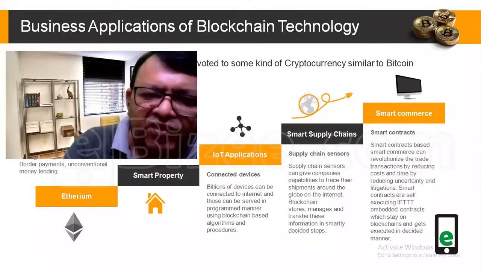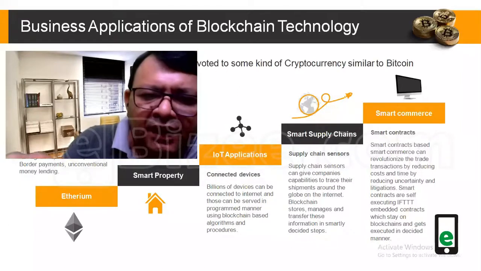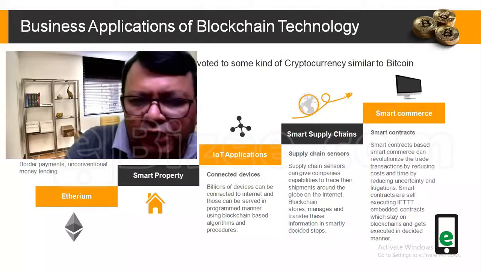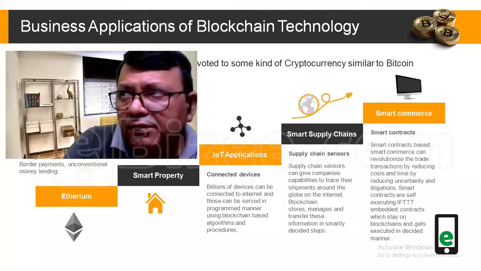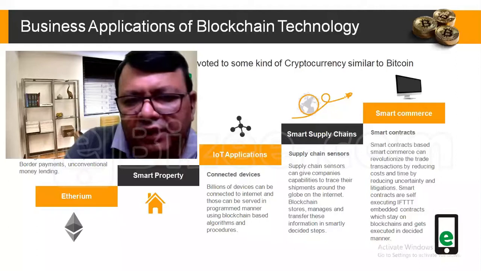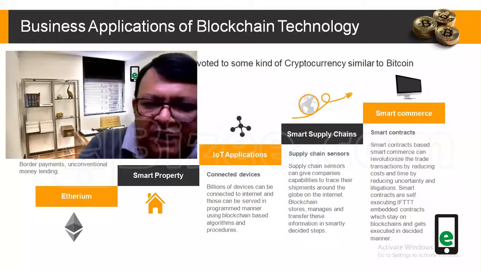So it will definitely execute itself at the right time, at the right step, and based on the right conditions. So this kind of procedure and steps can actually revolutionize smart commerce for even small to medium enterprises, and definitely for large business houses.